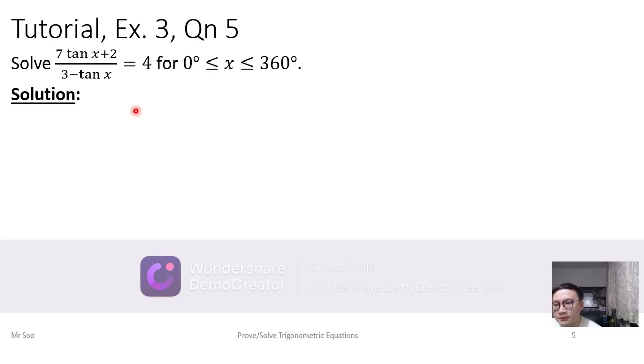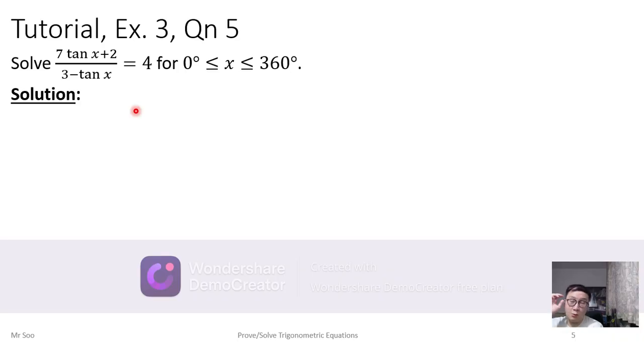If not, can I factorize any common term that I see? Or, if it's a rational function, can I remove the denominator in the rational function on both sides? These are the few questions that you should ask yourself.